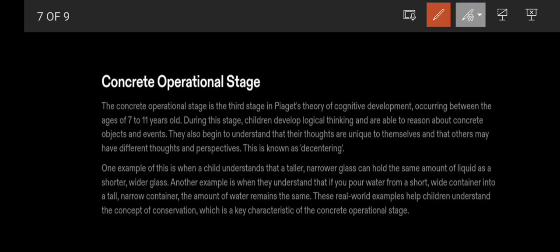Another thing is the child will gain decentration. So what is decentration? Let us see. Centration means the child focuses on only one aspect of a situation and neglects others. For example, a child may judge the amount of juice in a tall glass to be more than the amount in a wide glass, despite the actual quantity being the same.